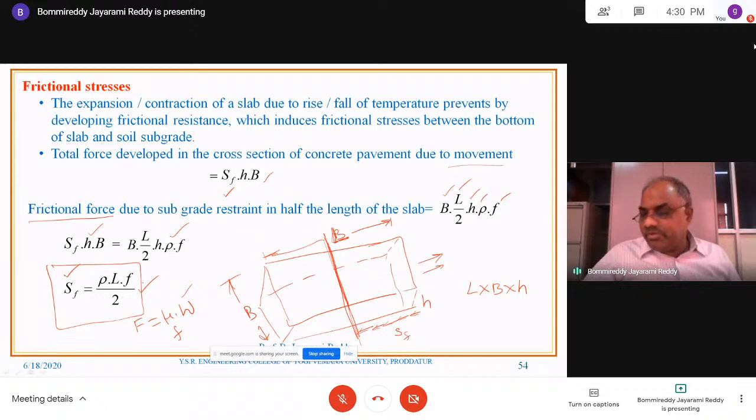So always try to understand: SF is the frictional stress induced in the concrete multiplied by cross-sectional area B into H, and the other is W multiplied by F. What is W? B into L by 2 into H into rho, that is weight, multiplied by F. From that you can derive this equation. So in the examination, always try to derive this equation, not memorize it.